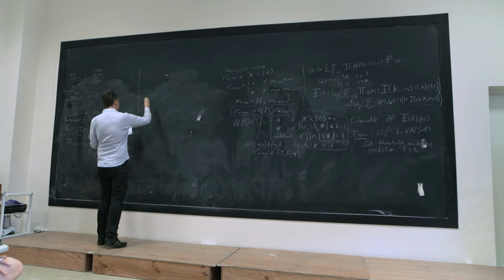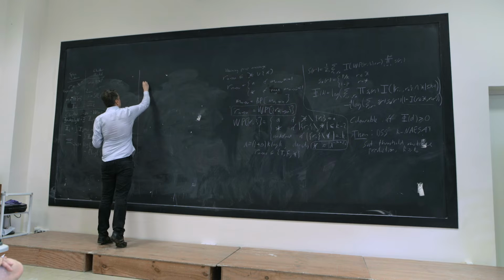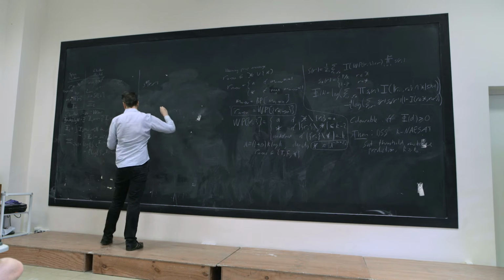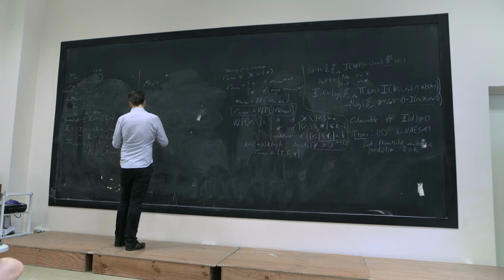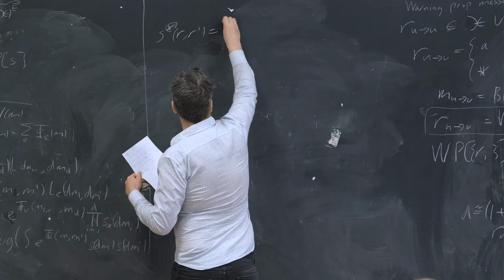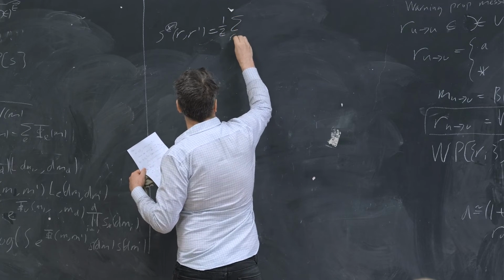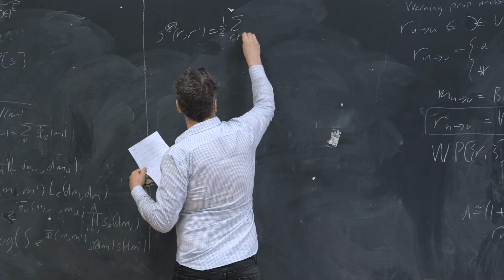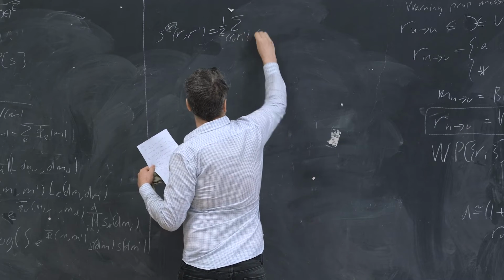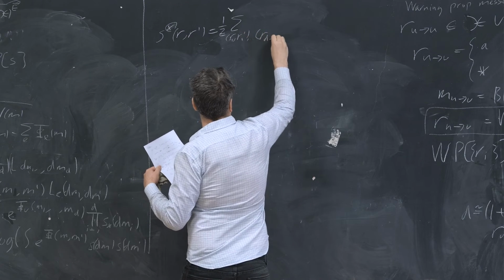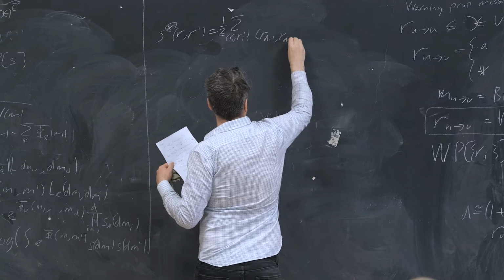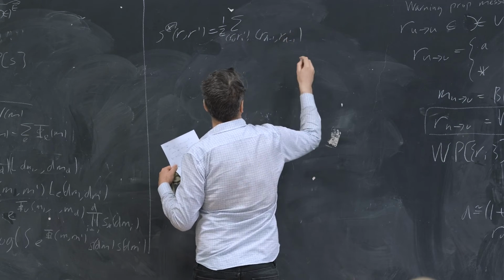The messages. So now we're looking for fixed points that are on pairs of messages, R and R prime. R1 prime up to D minus 1 prime.